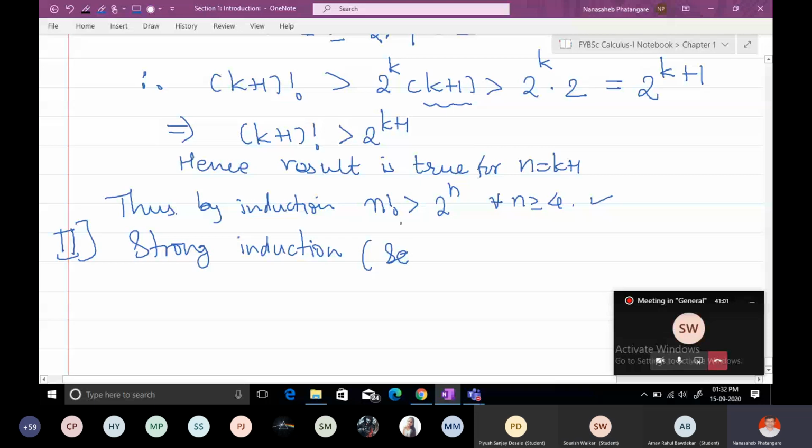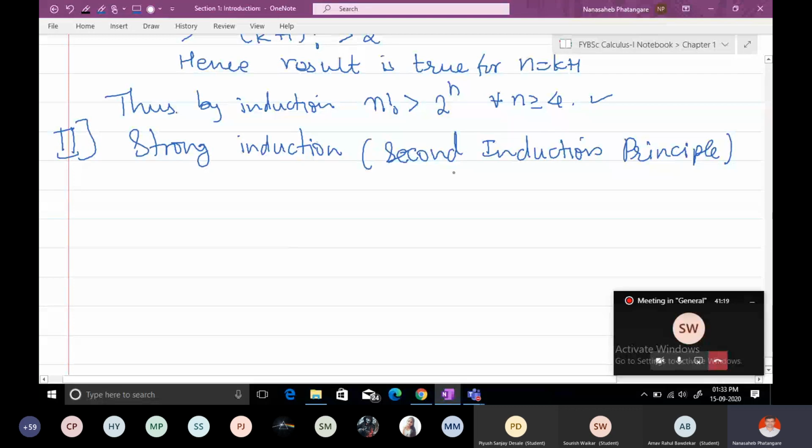So second principle. Second induction principle, which is more general. General principle. So what the general principle says is, let A be a subset of natural numbers.